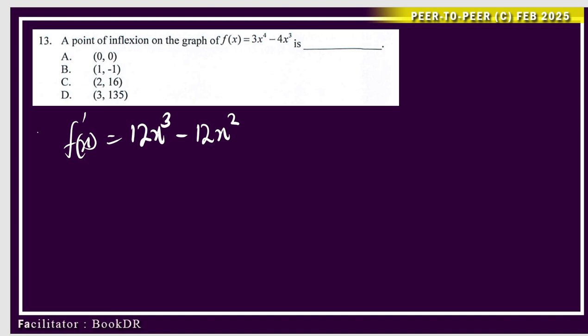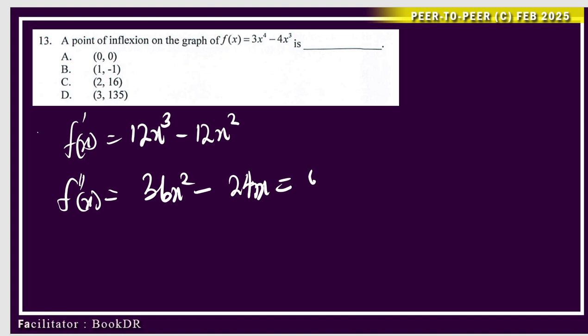Let me see whether I am doing it right. 12x cubed, 12x squared. Okay. The second derivative is equal to 12 times 3 will give us 36x squared minus 24x is equal to, okay, we'll get it at the second stage.